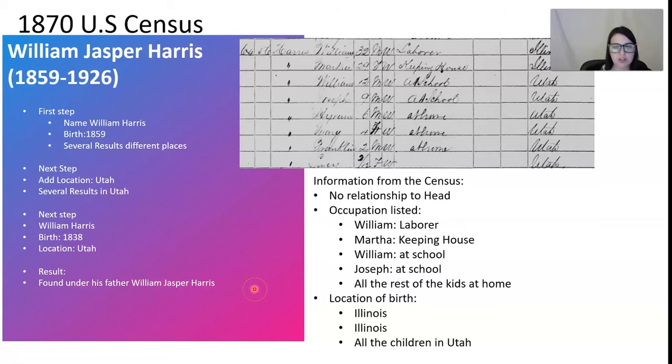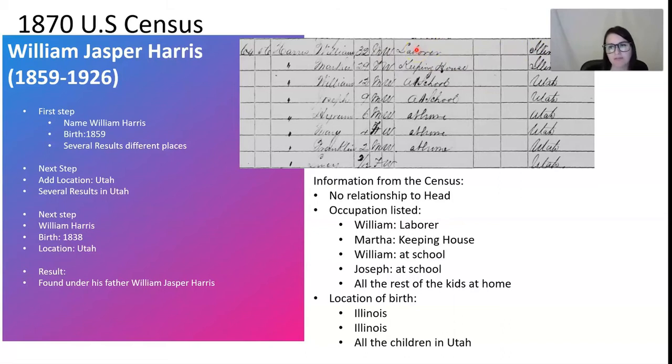So the information that I'm going to gather and take with me to refer to other records, once again, is the occupation. So now he's a laborer, his father. He was born in Illinois, so that matches with what I already know. He does have a different occupation, so he could still be a farm laborer.